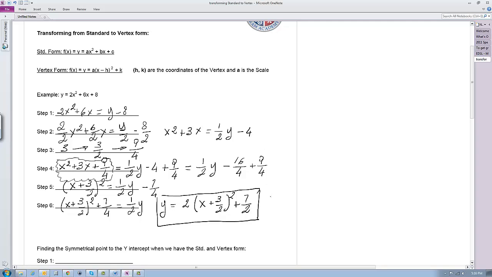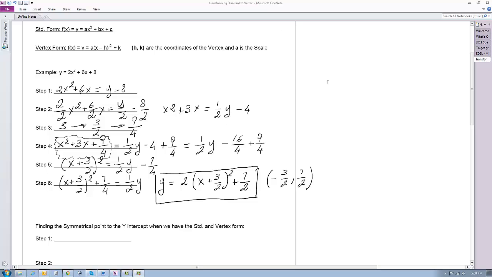So the coordinates of the vertex can be written as (minus 3/2, 7/2). Remember the minus sign, because the formula has a minus h here. So if this term is positive, it means that the original x was negative. So these are the coordinates on my parabola.